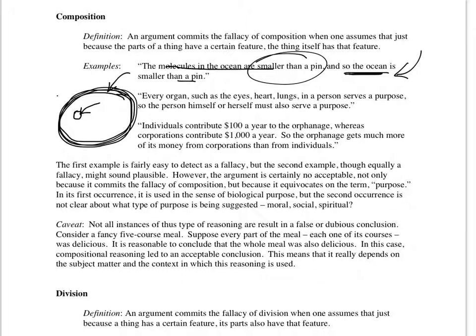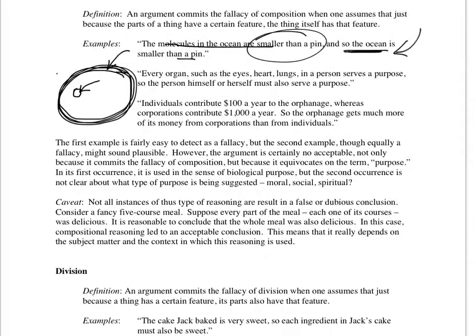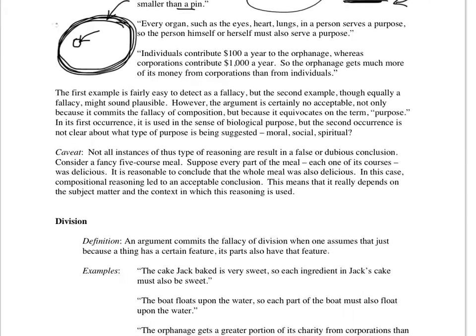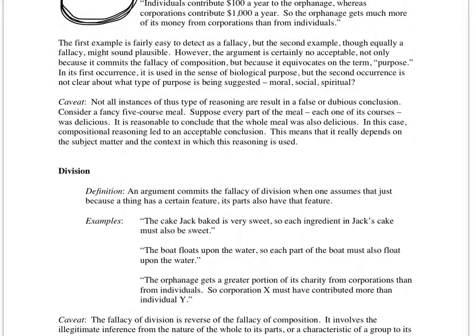I'm going to go now to the fallacy of division to compare it with the fallacy of composition to show you that they're really flip sides of the same coin. In this example, I say the cake that Jack baked is very sweet, so each ingredient in Jack's cake must also be sweet. That's not necessarily true, and if you've done much baking, I don't do much baking, you'll know that flour just by itself isn't sweet at all.